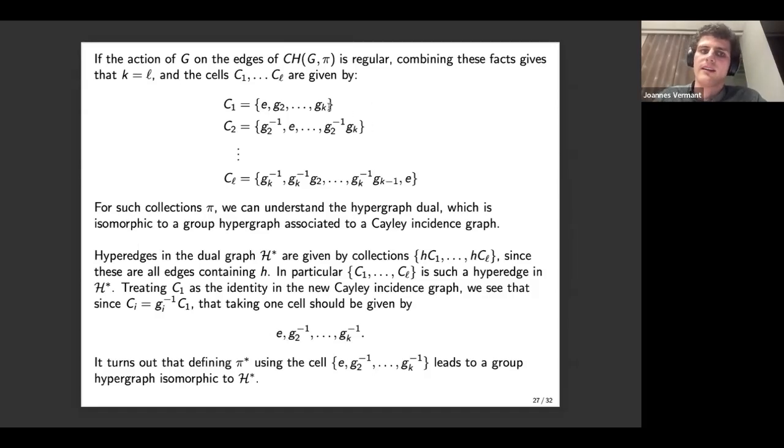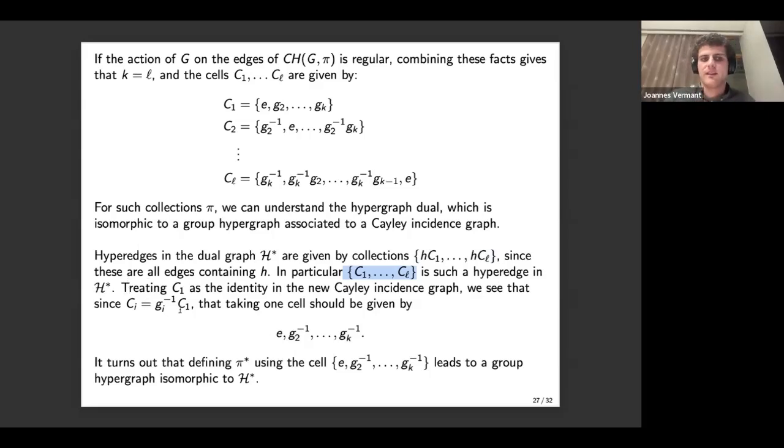And to understand the edges in the dual graph, they are collections of edges containing a single group element, let's say H. So hyperedges in the dual graph are given by these collections H times C1 up to H times CL, since these are all the edges which contain H. And in particular, C1 up to CL is such a hyperedge in H star.